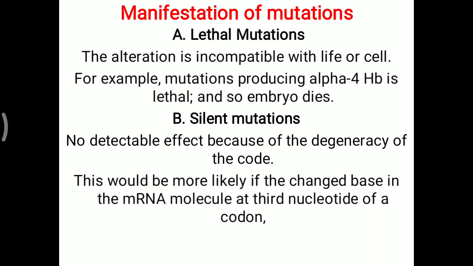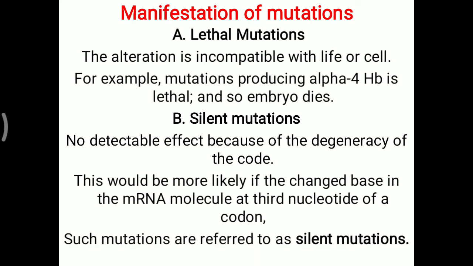This is more likely if the change is in a base in the mRNA molecule at the third nucleotide of a codon. We have seen that the degeneracy and wobble phenomena give an advantage over the mutation. Such mutations are referred to as silent mutations and create no effect on the expression of the protein.